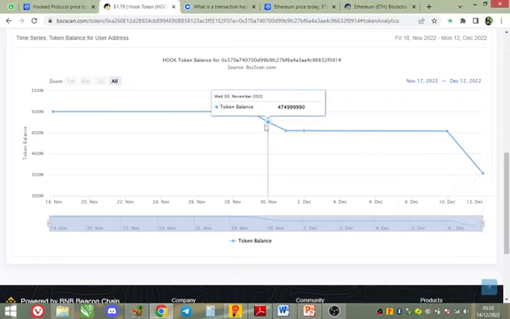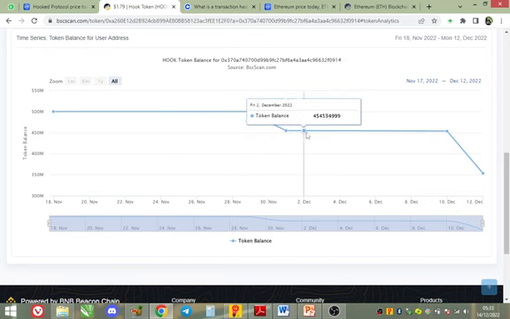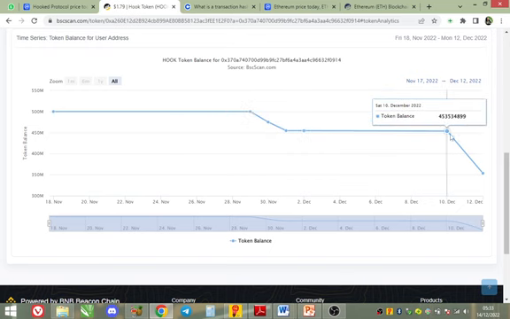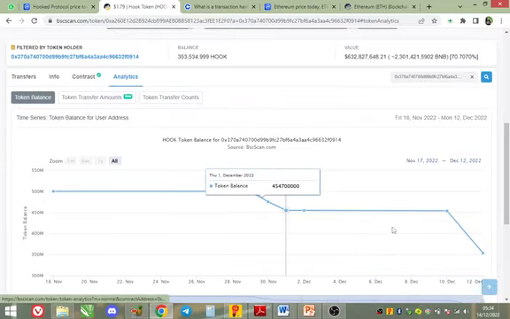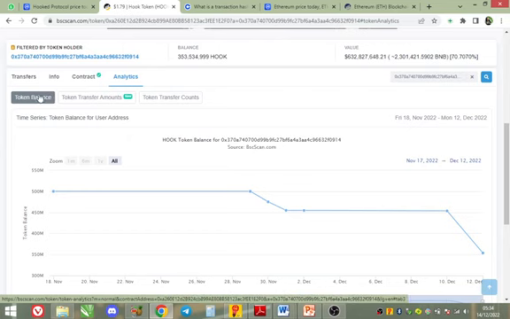On first December, they did transactions and released some tokens, and that was how they were releasing gradually. You can see the token balance at the top. This is the token balance that they actually have.